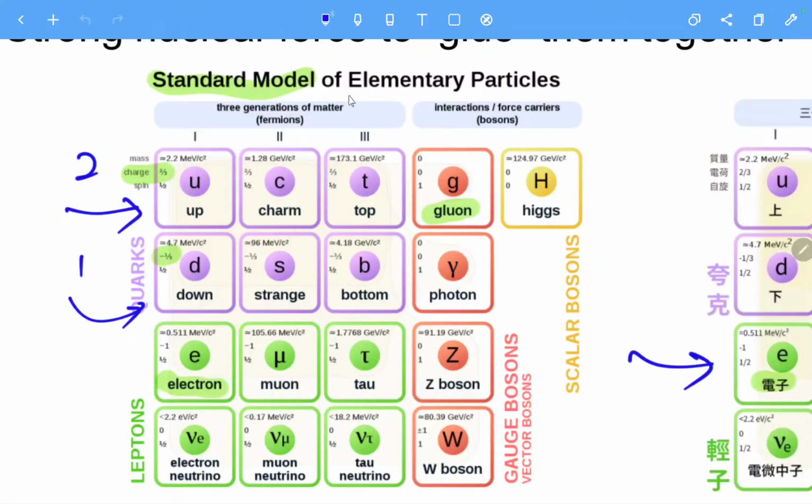So as I mentioned, the proton can be separated into 2 up quarks and 1 down quark, and the neutron can be separated into 1 up quark and 2 down quarks. Then, if you add the charge, it becomes positive 1 for the proton and 0 for the neutron. And here you can also find the electron.